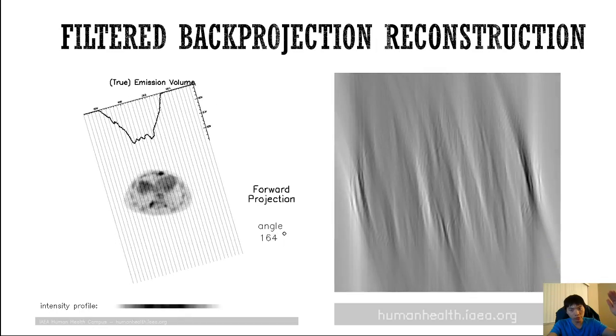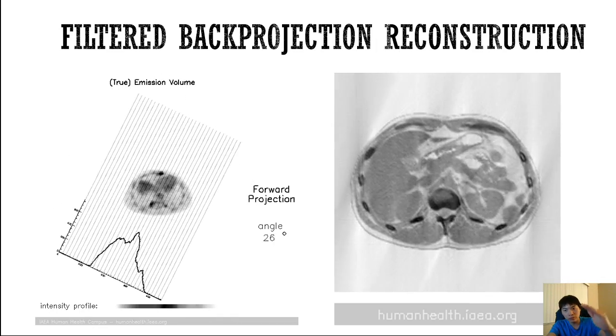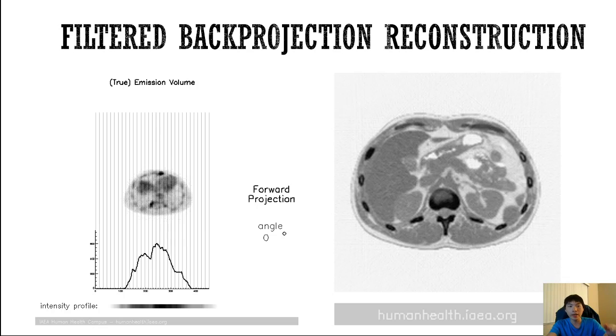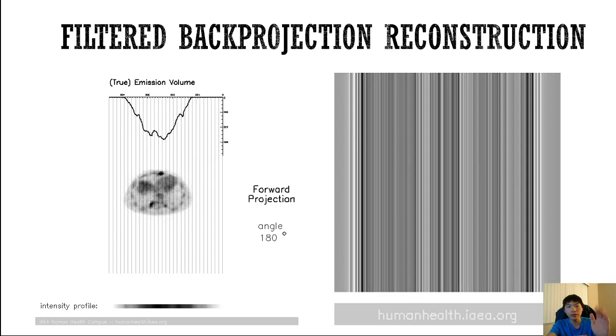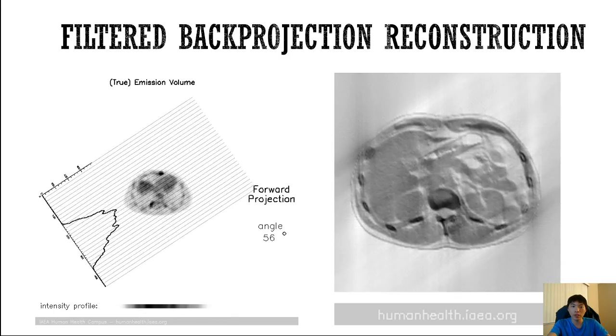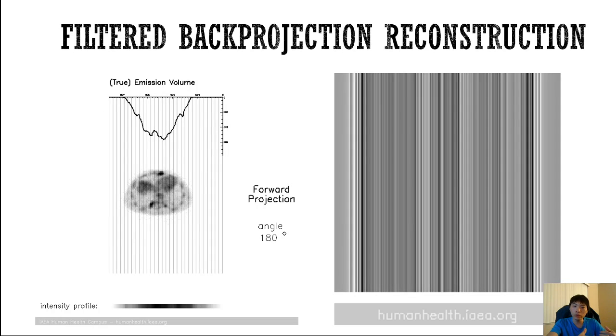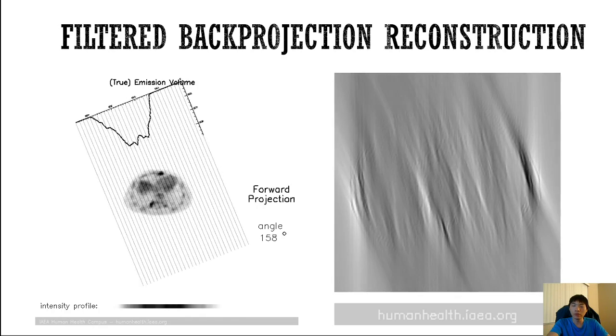So the second projection will be a little bit off center, and so you smear that down the image. And as you move through the different angles, the more angles you smear across the image, the more the image reveals itself. And at some point, once you've rotated through 180 degrees, then you recover the original image.